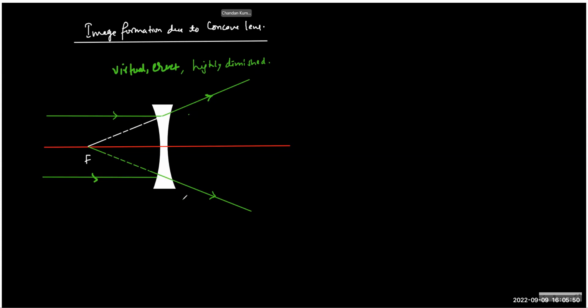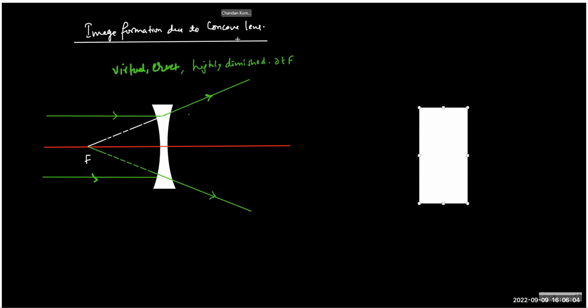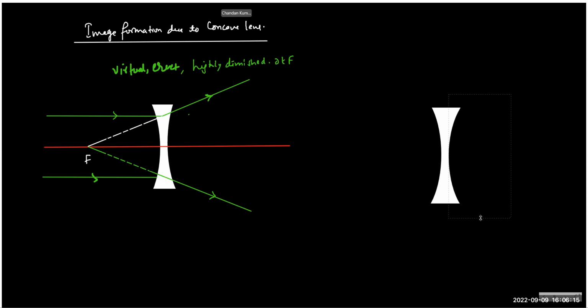Okay. And at F, if you take any other diagram or any other case, I'll take an example of an extended object. So this light will appear to be coming from where?